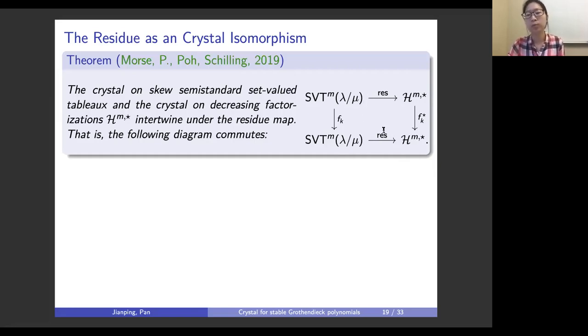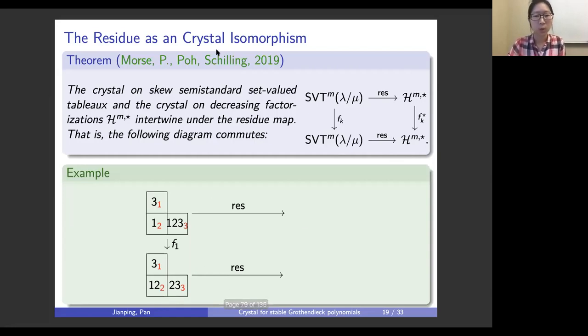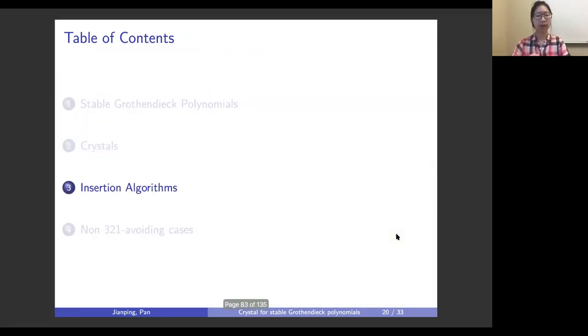And the residue map makes these 2 crystal structures intertwine with each other, which means that if you take a set-valued tableau and operate a crystal operator on it, then you can obtain the decreasing factorization. On the right, this diagram commutes. I think that's our first result.